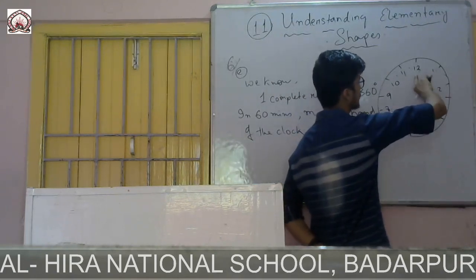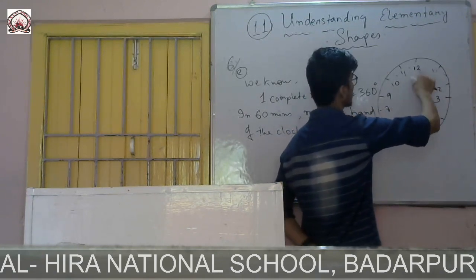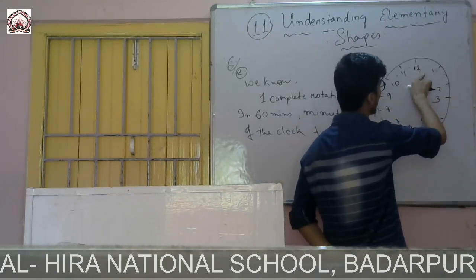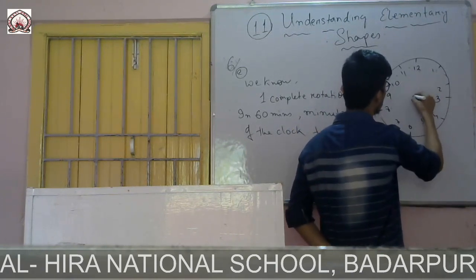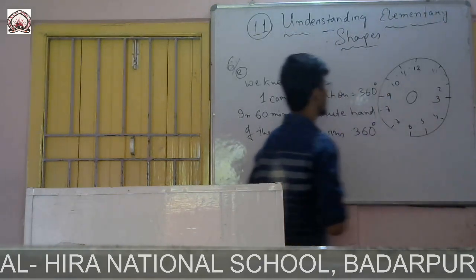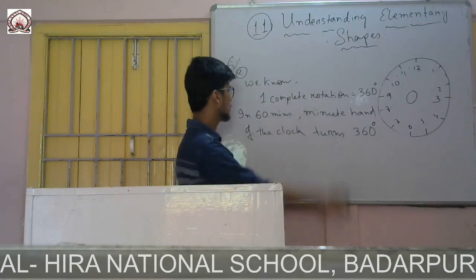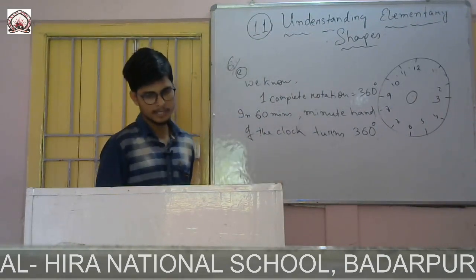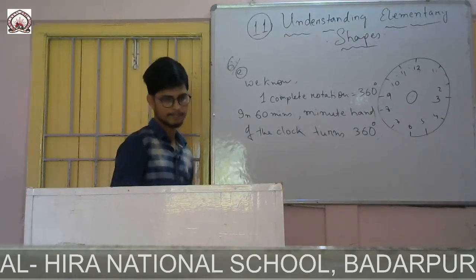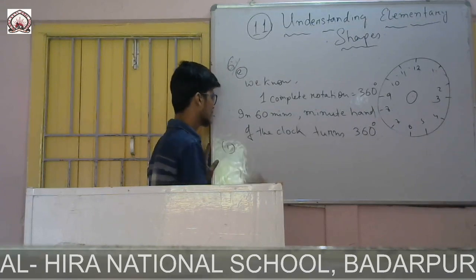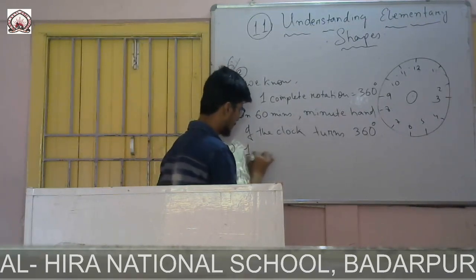If the clock starts from here, to complete one full rotation it will take 60 minutes, from here to here, 1 minute, then 5 minutes, then 20, like this it will go and come to here, and to complete one rotation it takes 360 degree. That means it takes 60 minutes. So in 1 minute it will be 360 by 60. The question is to find for 1 minute.